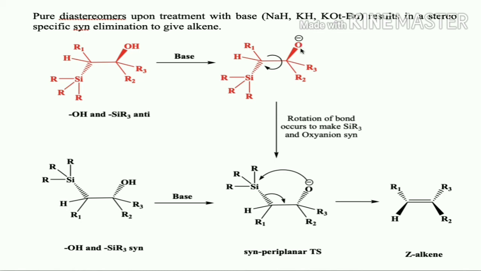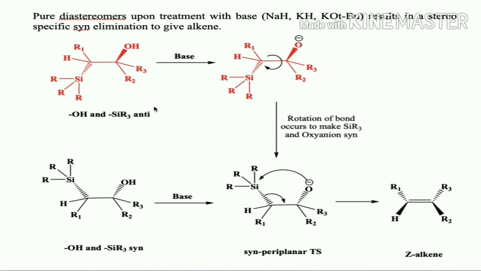Already I mentioned that silicon has greater affinity for electronegative atoms. So this O minus will combine with the silane, forming a syn periplanar transition state. Because of this interaction, anti gets converted into syn. Then this undergoes syn elimination to give Z-alkene.